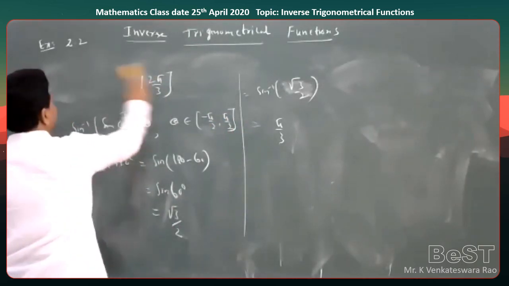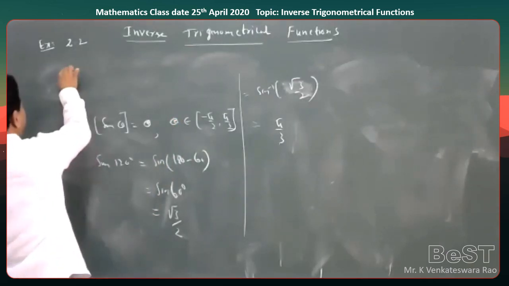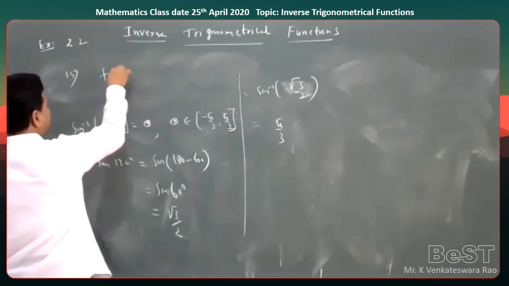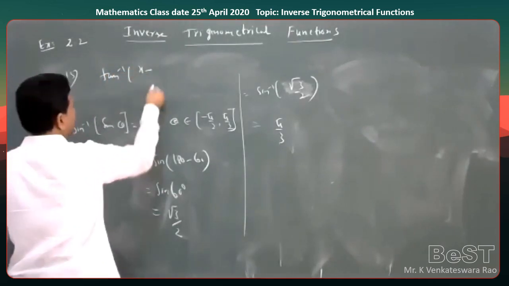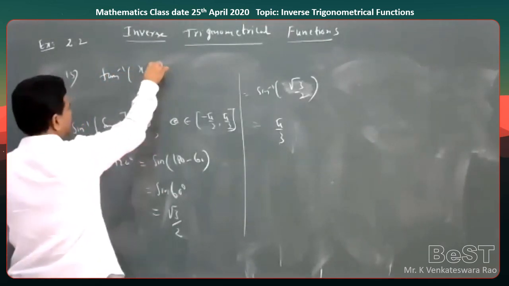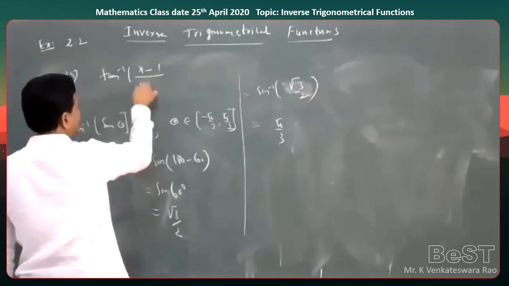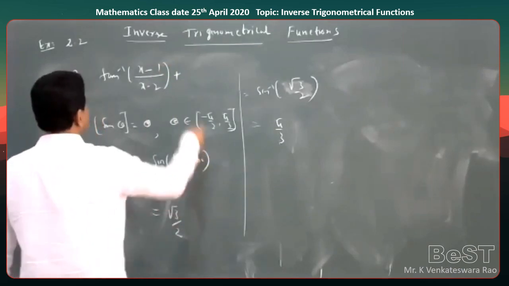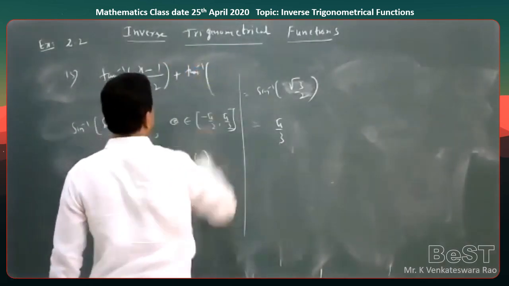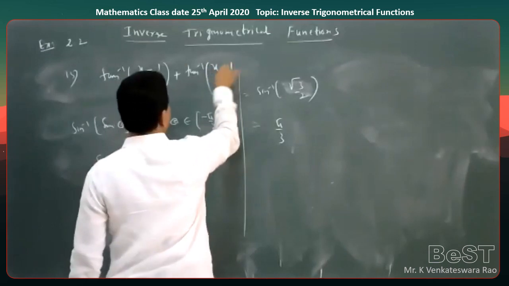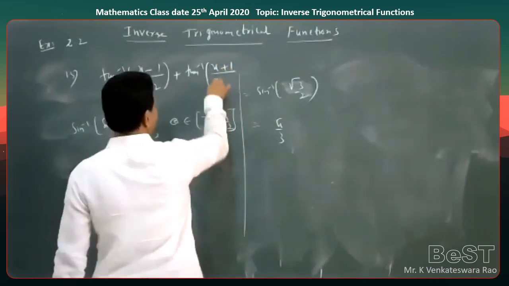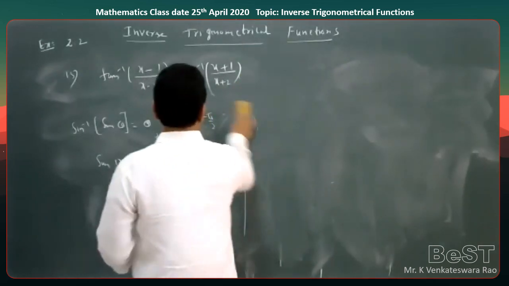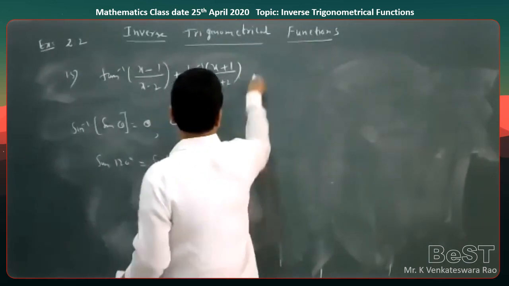Now note down question number 15: tan inverse of x minus 1 by x minus 2 plus tan inverse of x plus 1 by x plus 2 is equal to pi by 4.